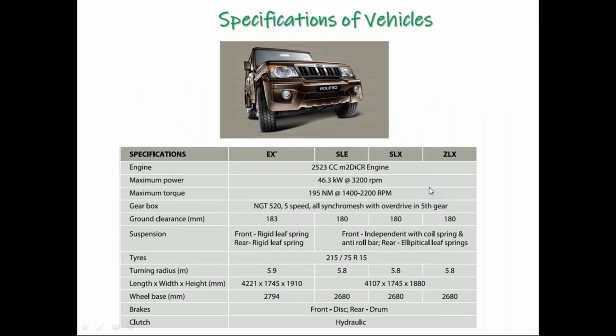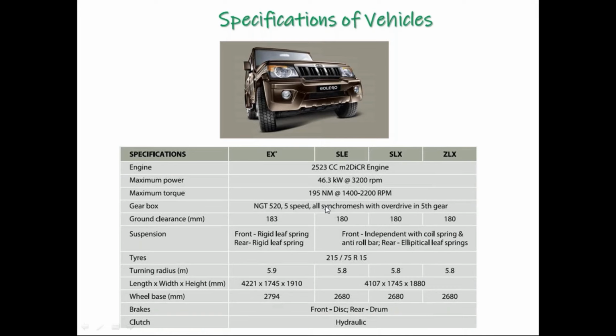One simple example, which I have intentionally taken, is the Mahindra Bolero. There are different models of this Bolero vehicle. So what will be the different specifications? Usually you will get all the specifications on their website, or if you visit any automobile manufacturer or dealer, they will provide them before purchasing.